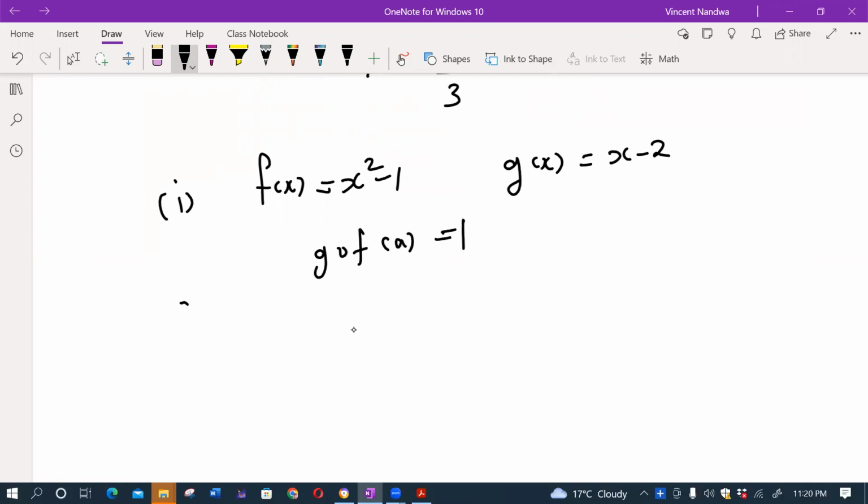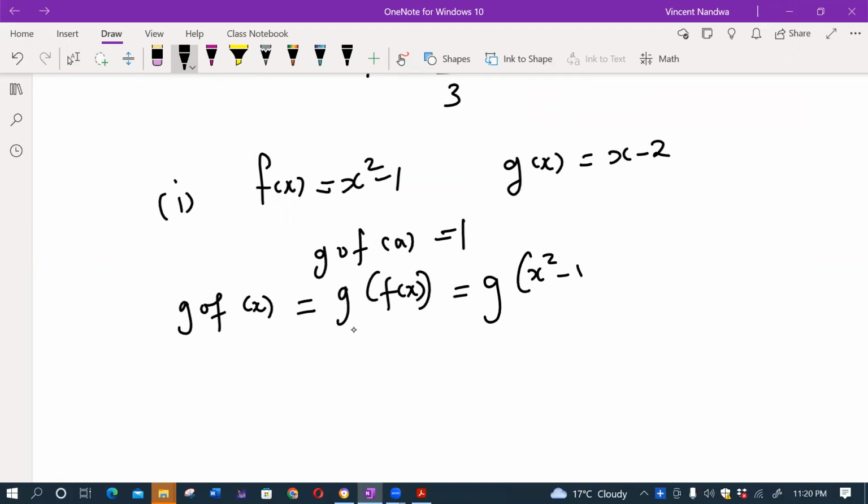So let's define g composed with f of x first. Which means we'll have g of f of x, which is the same as g of x squared minus 1, which will be x squared minus 1 minus 2, which is x squared minus 3.